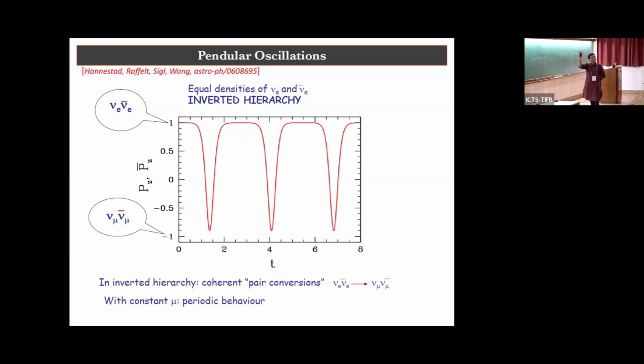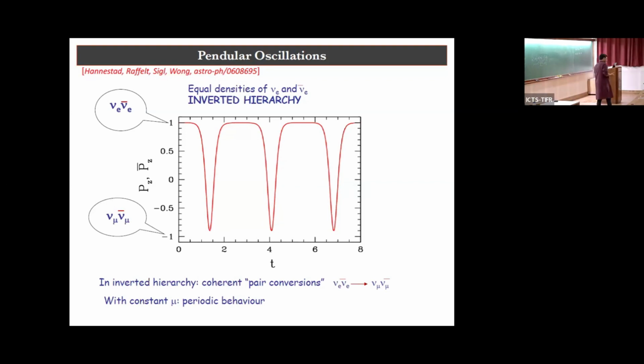This is actually the z component of the polarization vector, which is important for the probability. As you can see, it changes between 1 and -1. If I call it probability, I cannot write -1 to 1, but this eventually leads to the probability. So the probability goes between 1 and 0 for this scenario, and there is a pendular oscillation happening.